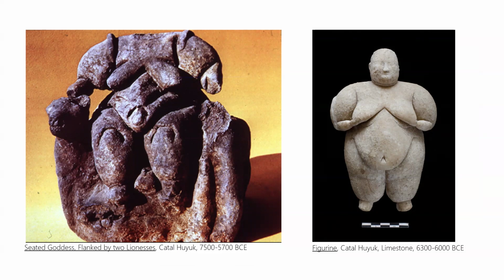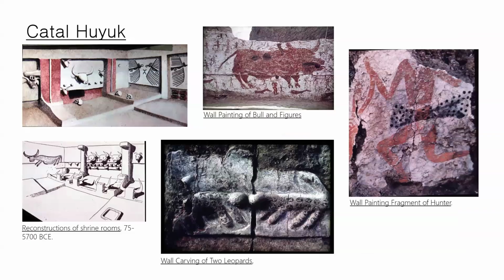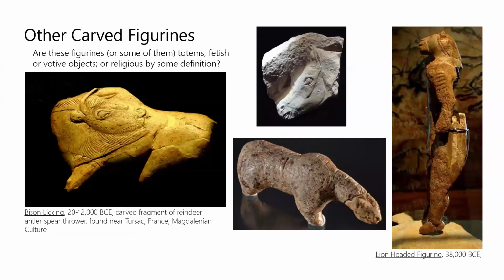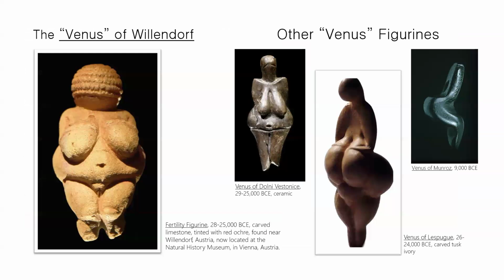Okay. So one of the artworks that we see from Çatalhöyük and from other places is this mother goddess figurine. And it raises the question as to whether this is a continuation from the Venus fertility figurines. Let's go back for a second and look at that. We don't really know what these fertility figurines are about.